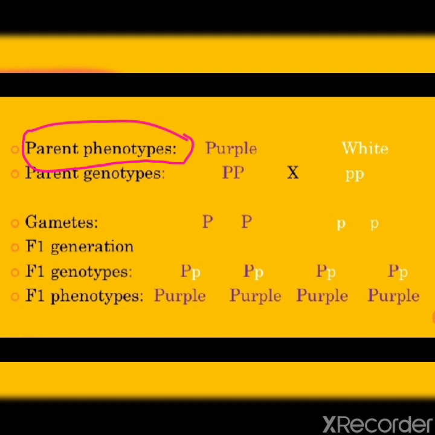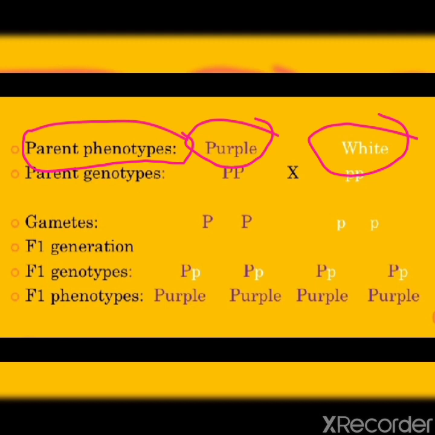He took two different colors, purple and white flowers of pea plants, and found that the purple flower is dominant over the white flower.